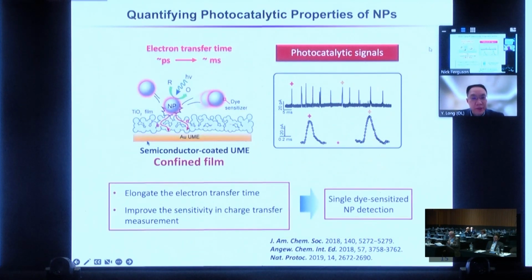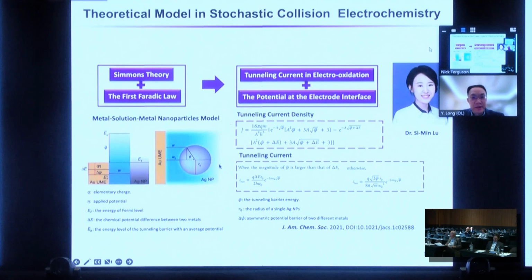And also we can modify the monolayer, the TiO2 film on the surface. We can look at even the faster electron transfer on the surface. So all of this depends on the electrical instrumentation, and we can even reveal the potential in the solution.